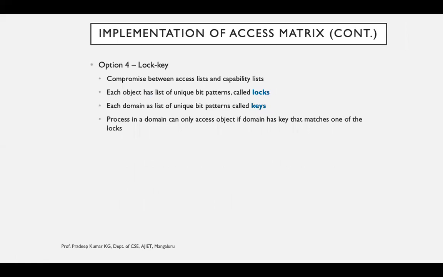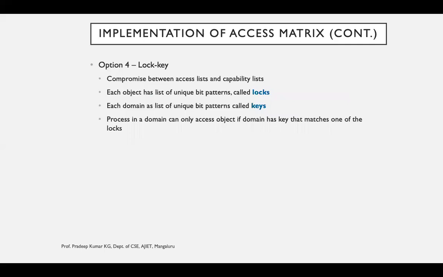The fourth option with the implementation of access matrix is lock key. So this lock key setup is something in between access list and capability list. There is a compromise between access list and capability list.